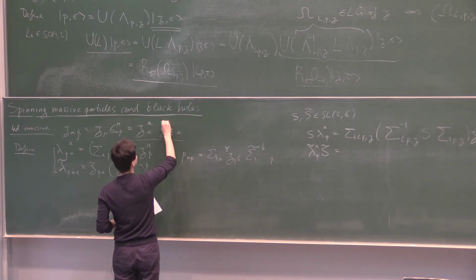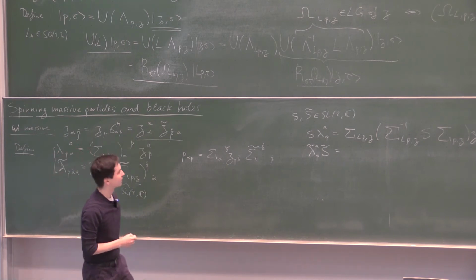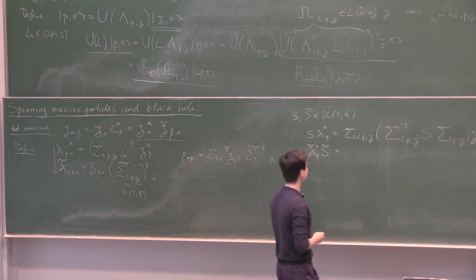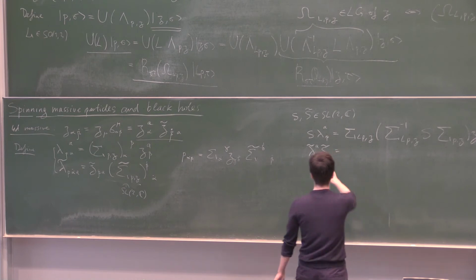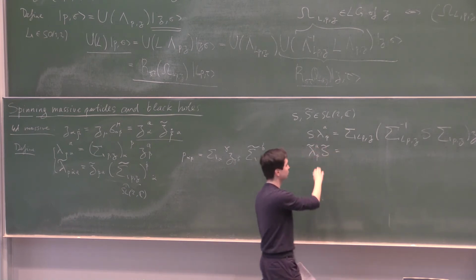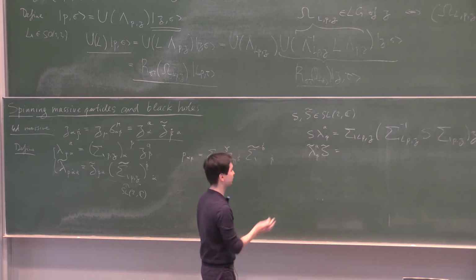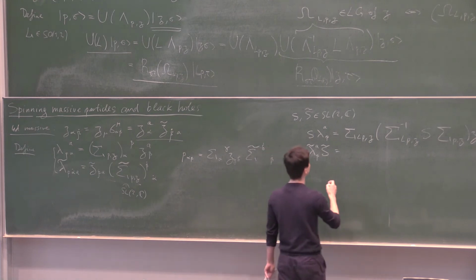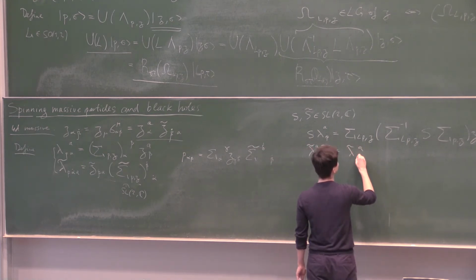Oh, I put a dot instead of a tilde. That's right. Okay, so here the order of the way I write them is just because I want to contract undotted indices up and dotted indices down. So I'm just writing it in this way.